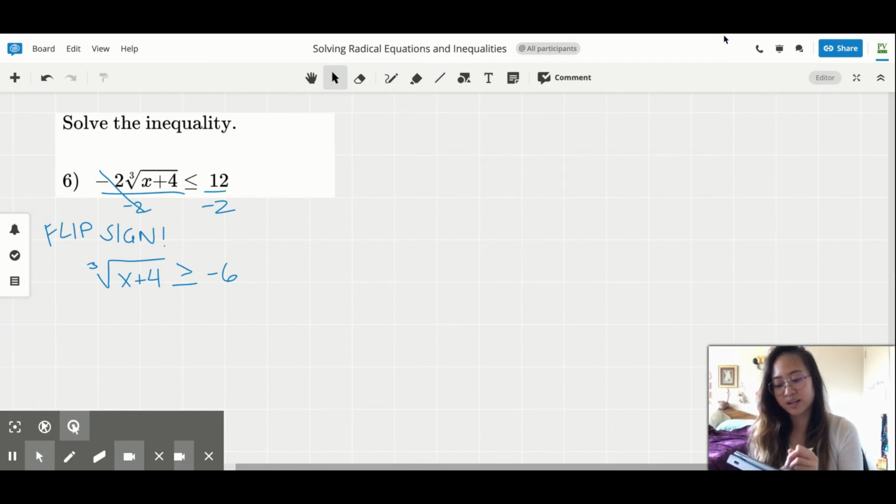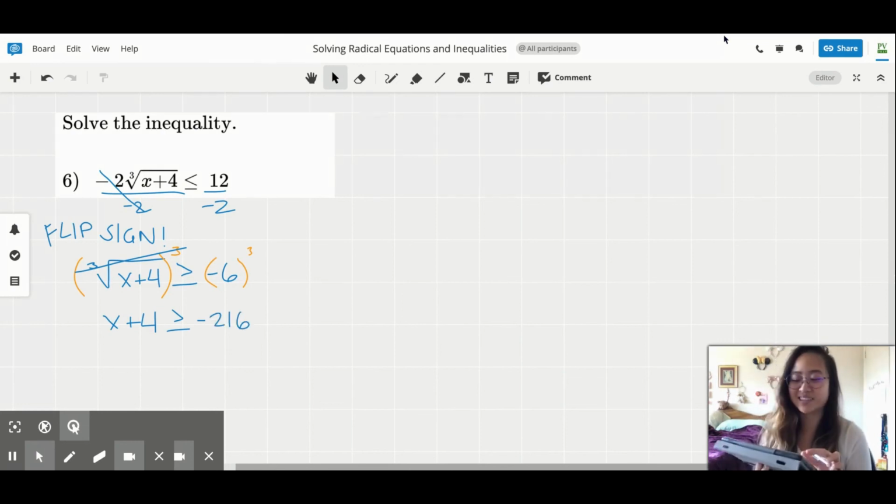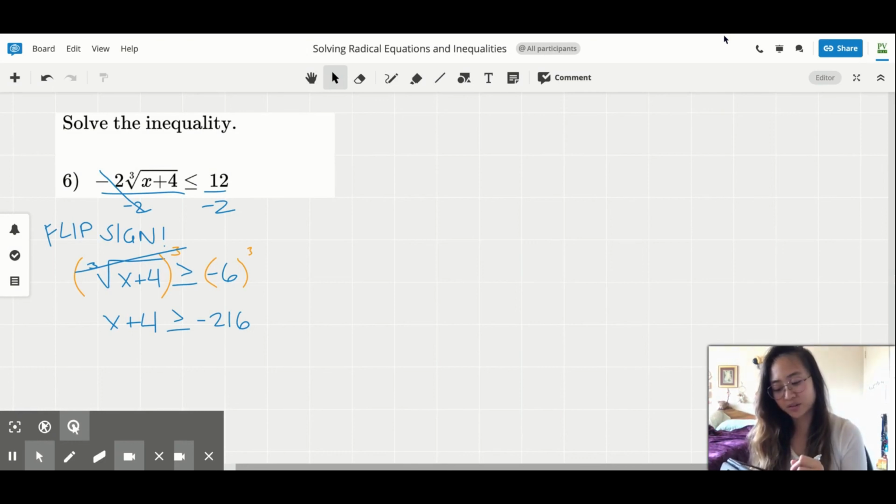So keeping in mind that to cancel out the cubic root, we have to cube both sides. We have x plus 4 on the left, and negative 216. Study up on your cubic roots if you didn't know that right away. So last step to solve, subtract 4.